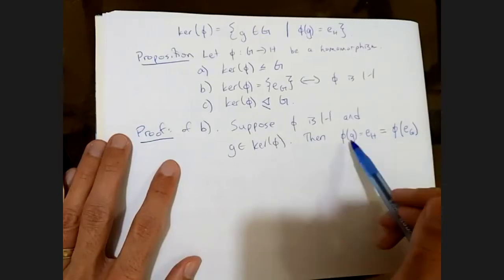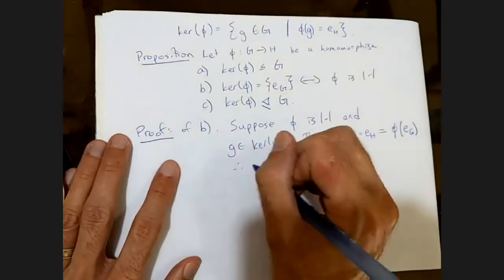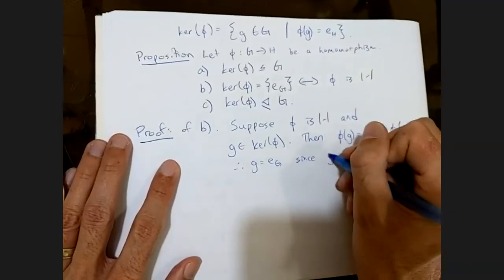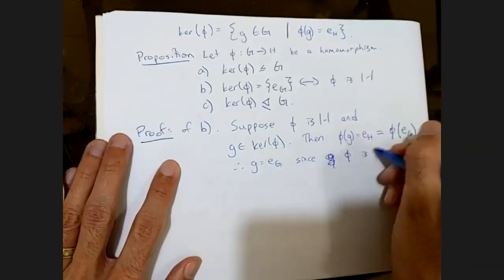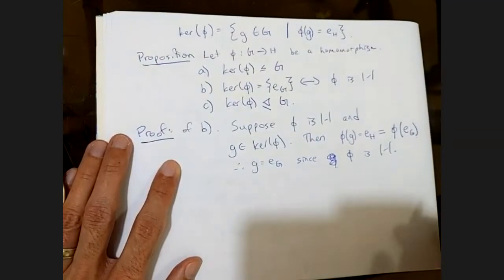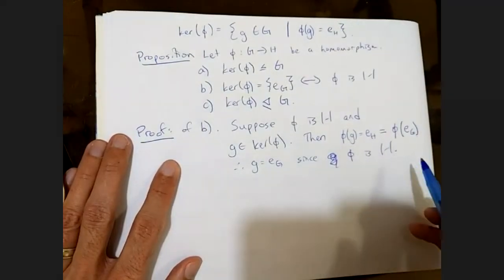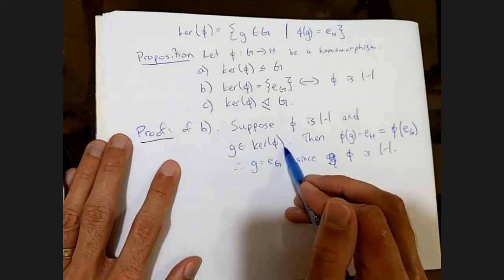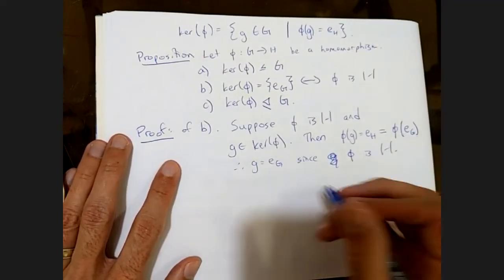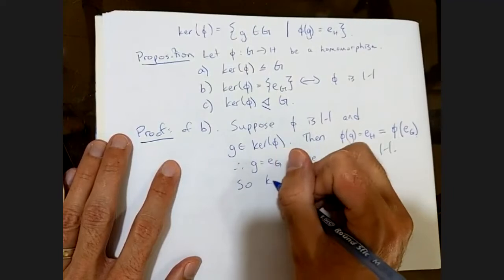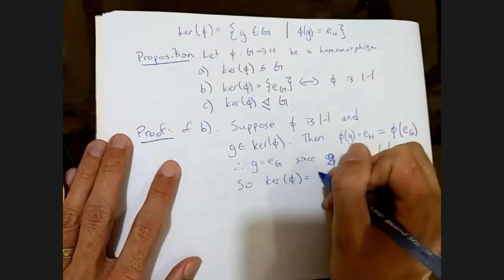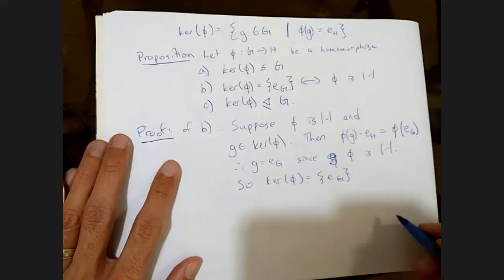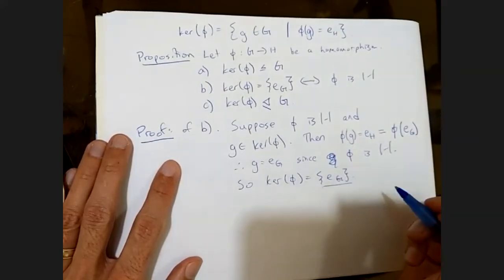Since phi is 1-to-1, g equals the identity. That proves that the kernel consists exactly of the identity of G. So if phi is 1-to-1, then the kernel is the trivial subgroup.